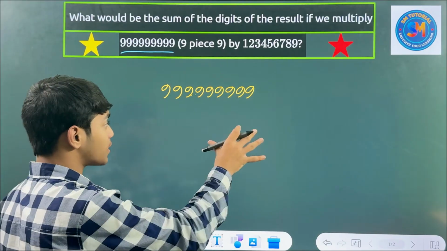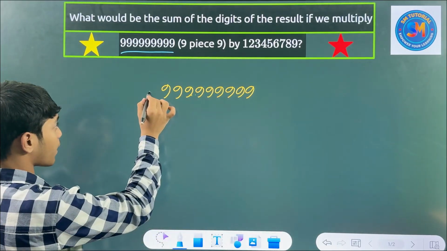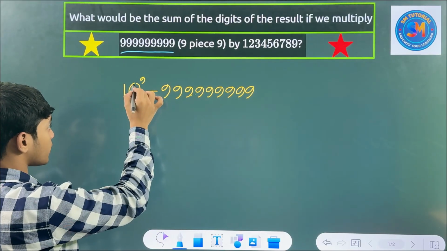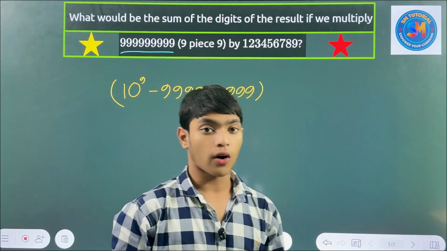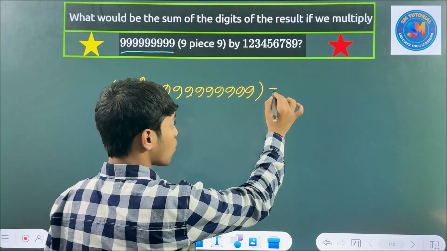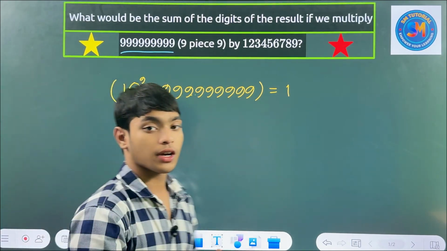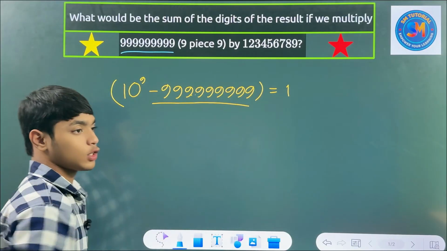And then we have to set minus 10 to the power 9. So if we calculate this, we will get 1. So that means if you subtract 1 from this place, we will get 10 to the power 9.